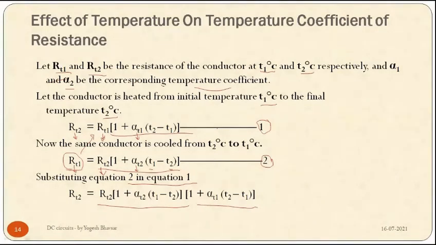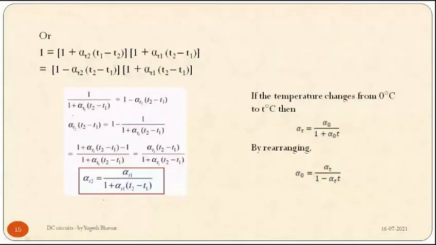Now here RT2 will get cancelled. So we can have 1 is equal to the whole term. Then rearranging that term, take this 1 plus alpha 1 into T2 minus T1 towards the left side. So we'll get 1 by that term, which is equal to 1 plus alpha 2 in bracket T1 minus T2, right?